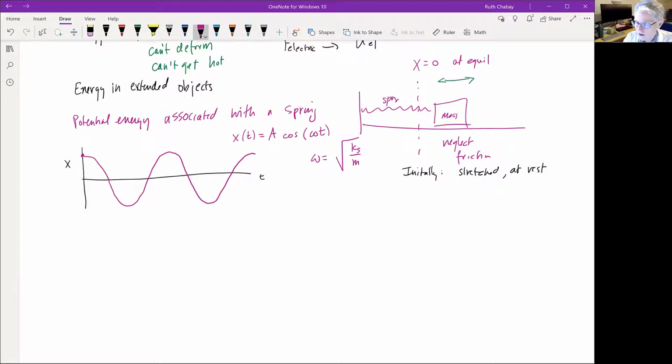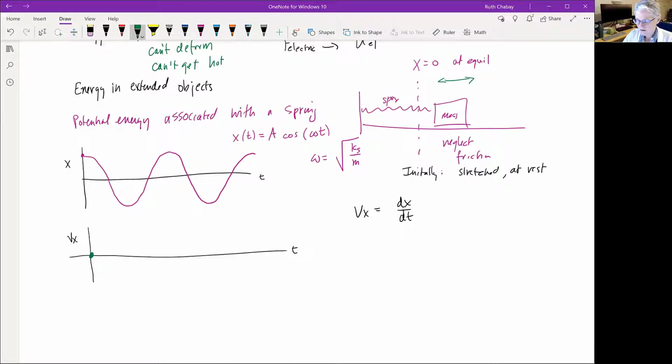So in order to think about kinetic energy, we would want to graph its speed, or the x component of its velocity, versus time. And of course, v sub x is just dx/dt. It's the derivative of x versus t here. So we can figure out a few points. When it's at its maximum stretch, v is clearly 0.